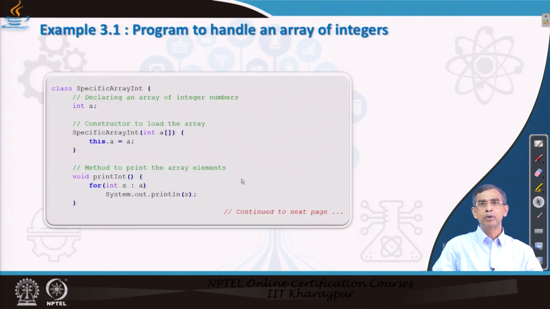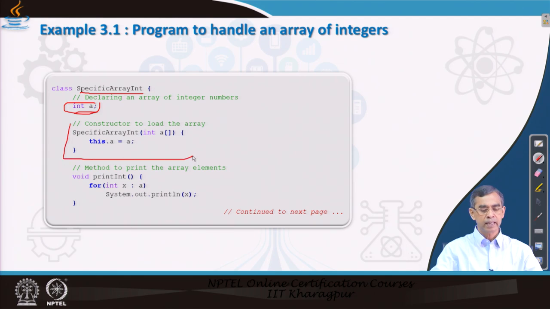Now, here is the program for you, very simple, that you can check. This is the class that we are going to define, and this integer array a means it will take only integer elements, and this is the constructor.